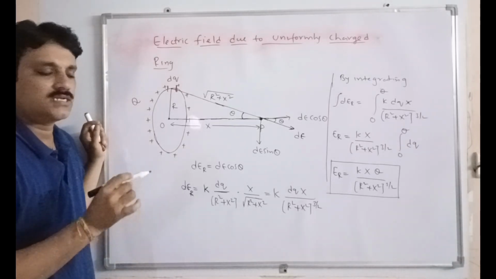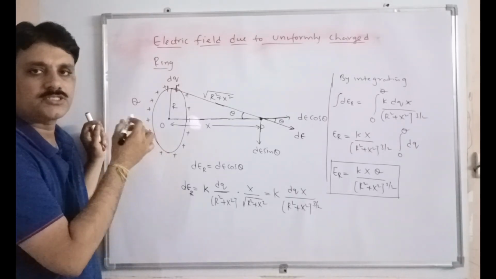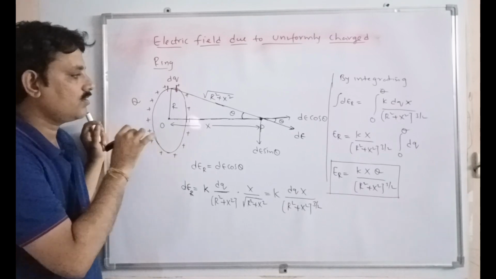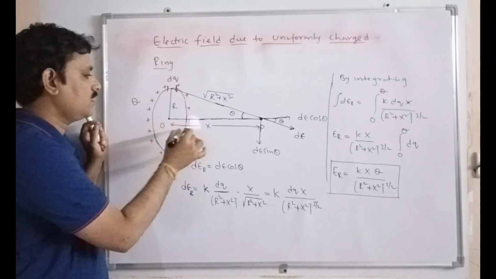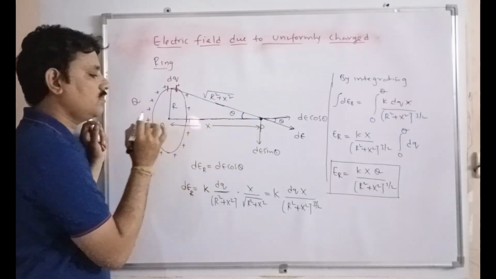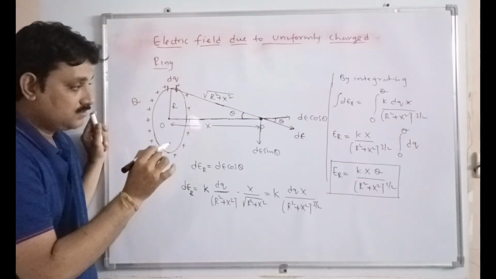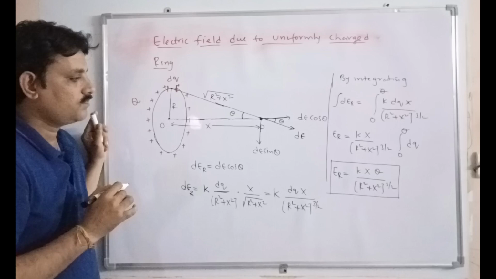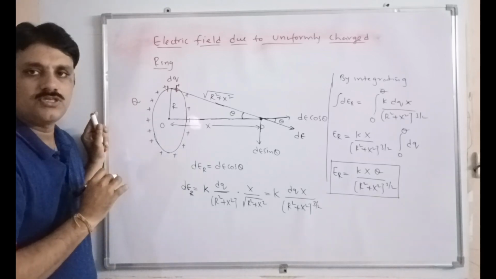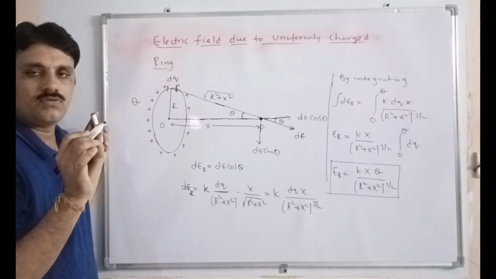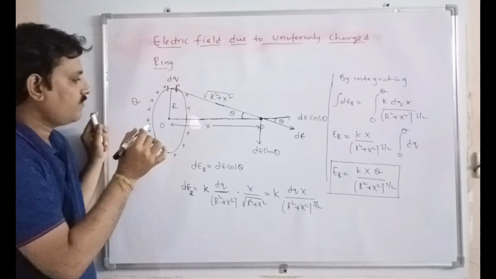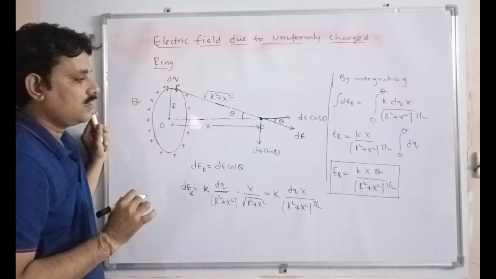This is the resultant electric field with respect to the charged ring along its axis at a point at a distance x from the center of the ring. Let us suppose x is equal to 0. Suppose you calculate the electric field at the center of the ring, what does it mean?